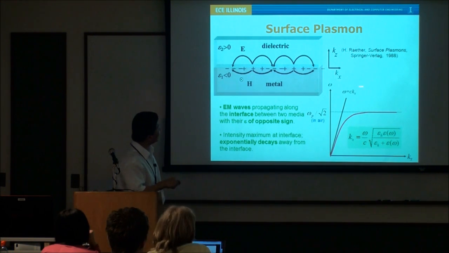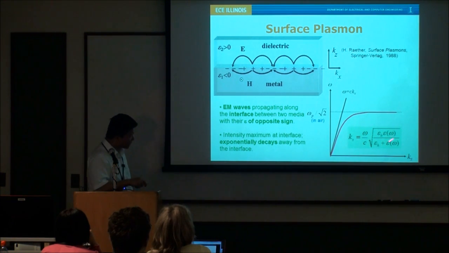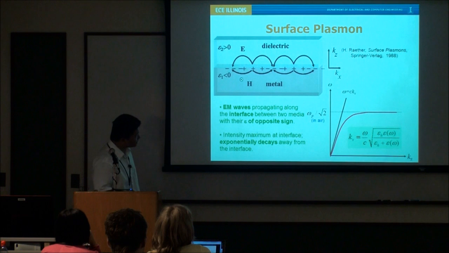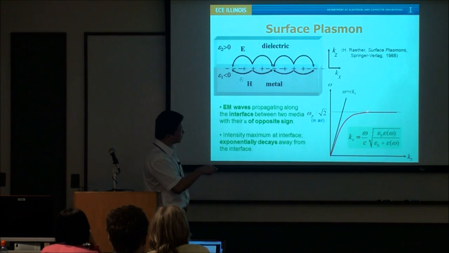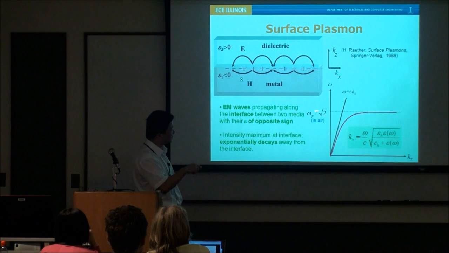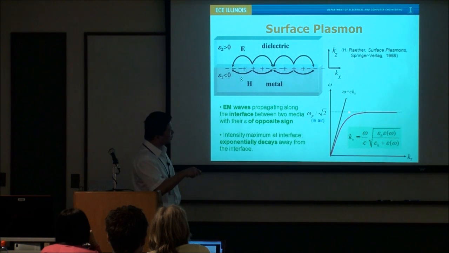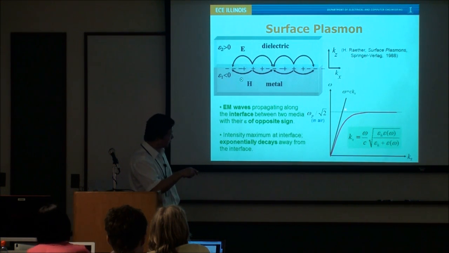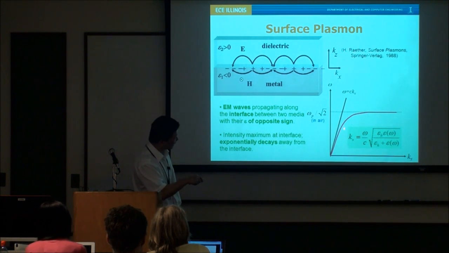But if you have a surface plasma wave, then your K becomes something like this, which means for the same frequency, let's say if we look at this frequency, omega p divided by square root of 2, in air or in dielectric materials you would have a K value like this. This is your K value.